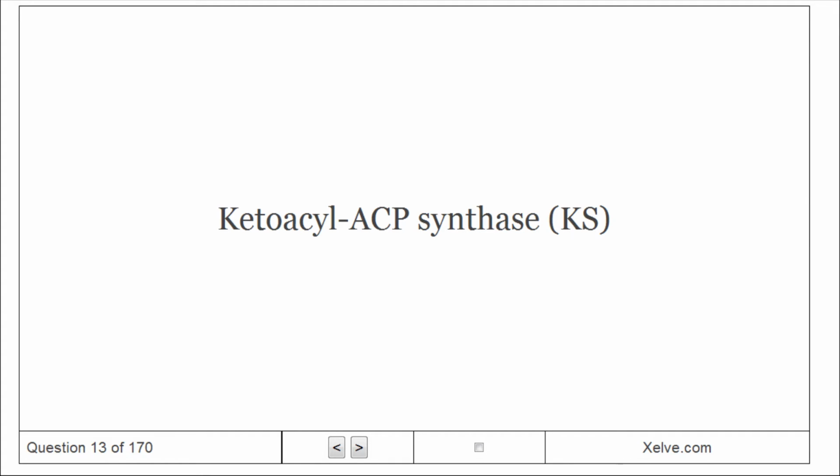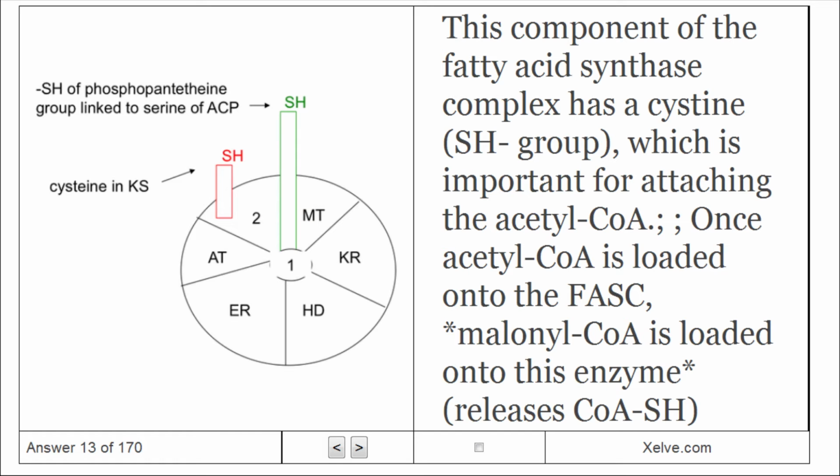Ketoacyl ACP synthase: this component of the fatty acid synthesis complex has a cysteine, which is important for attaching the acetyl-CoA. Once acetyl-CoA is loaded onto the FASC, malonyl-CoA is loaded onto this enzyme.